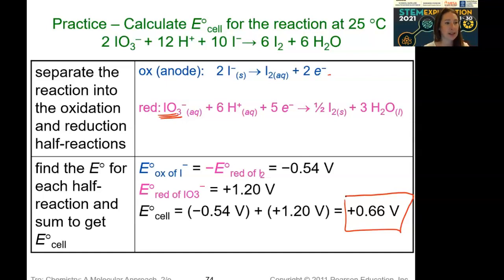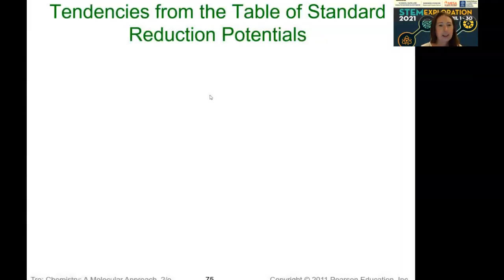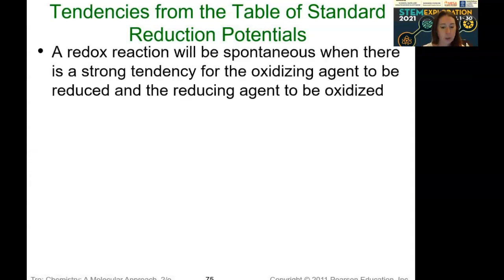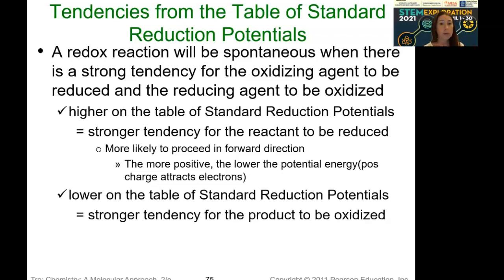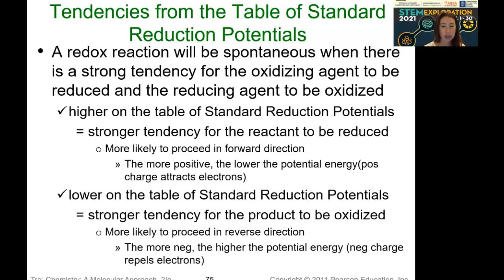Okay, so now I'm going to summarize everything we just did, and then we're going to keep doing it again. To summarize how we use this table and what it does: we've been looking at spontaneous reactions, reactions that are positive. So if you have a strong tendency for the oxidizing agent to be reduced and the reducing agent to be oxidized, what does this mean?